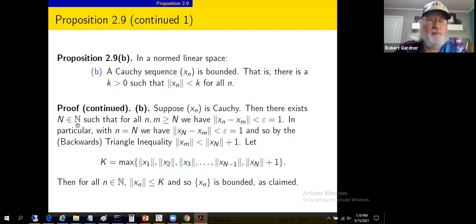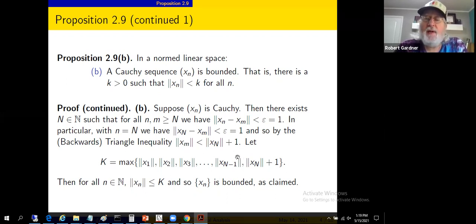Capital N is some natural number that we picked based on the fact that epsilon equals 1. And we've got a bound on all of these vectors, x sub m, when the index m is at least the size of capital N. So that's an infinite number of vectors that are bounded in norm by this constant, the norm of x sub capital N plus 1.